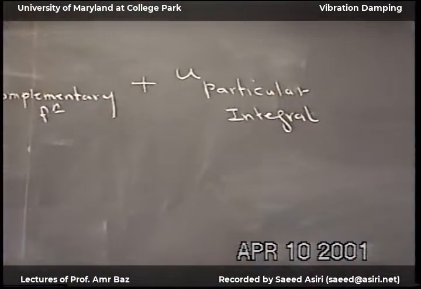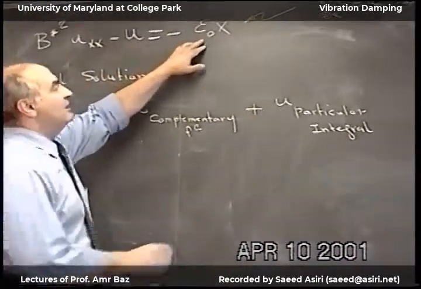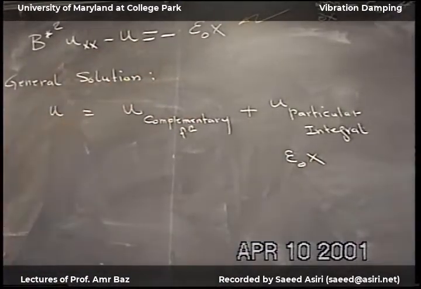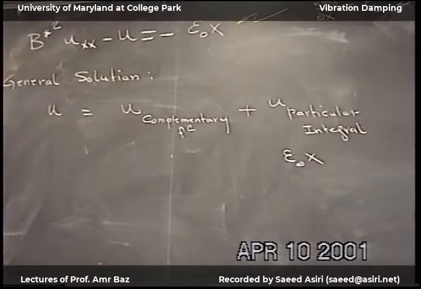The particular integral is very easy. We can get it from here directly. It will be epsilon 0 and x. The complementary function is the solution of the homogeneous equation.